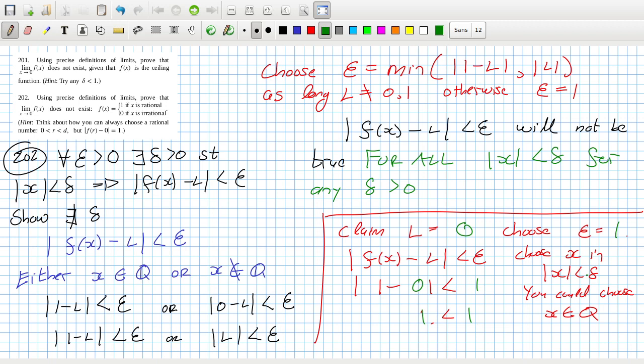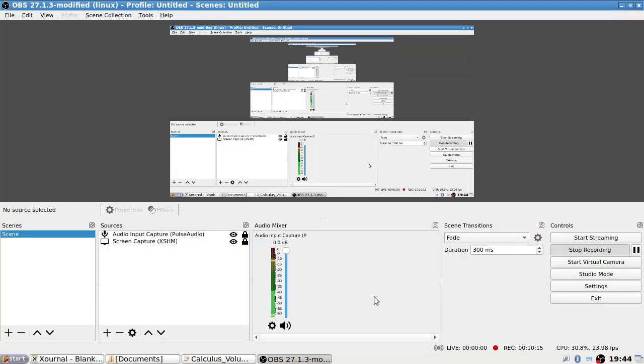Although we don't know what delta is, it's not important, because as long as it's not 0, we'll have an interval where we could choose a rational element for x. So I think that's kind of what they're getting at with the hint here, and what I'm outlining in this little explanation. Okay, so hopefully that's clear.